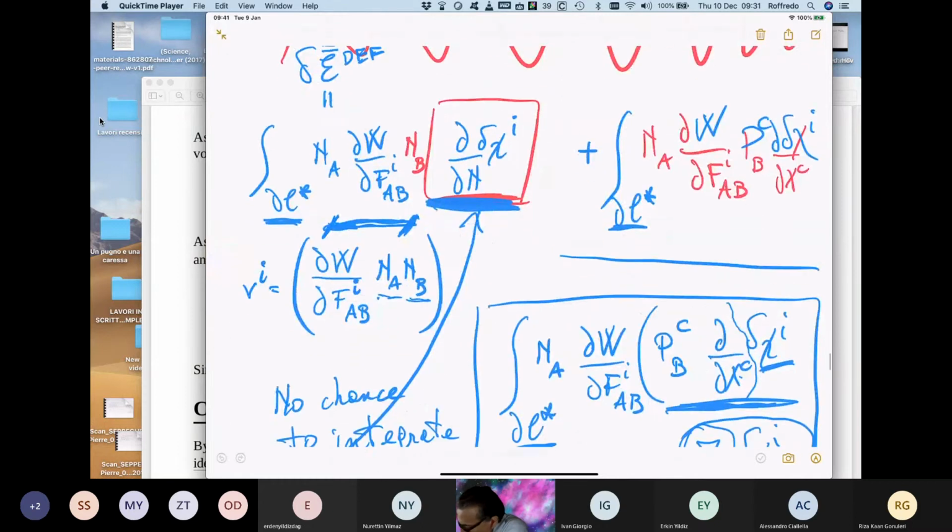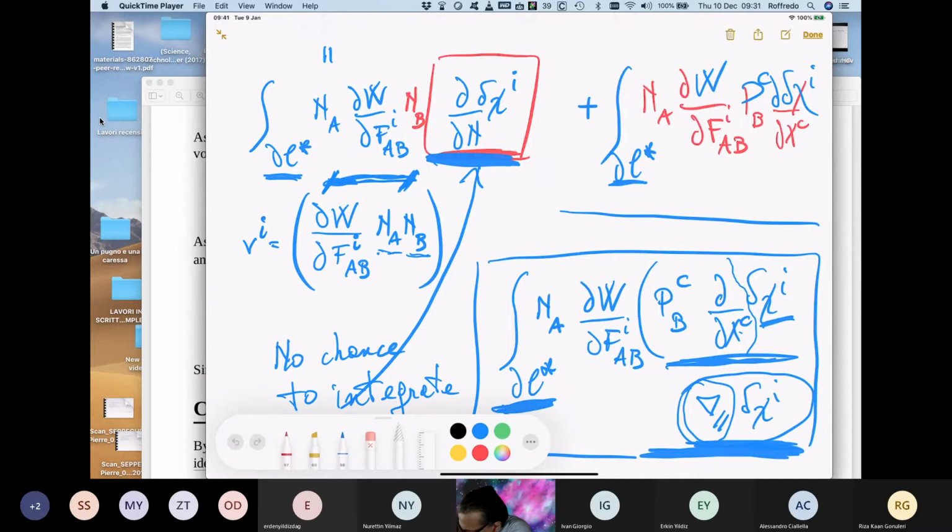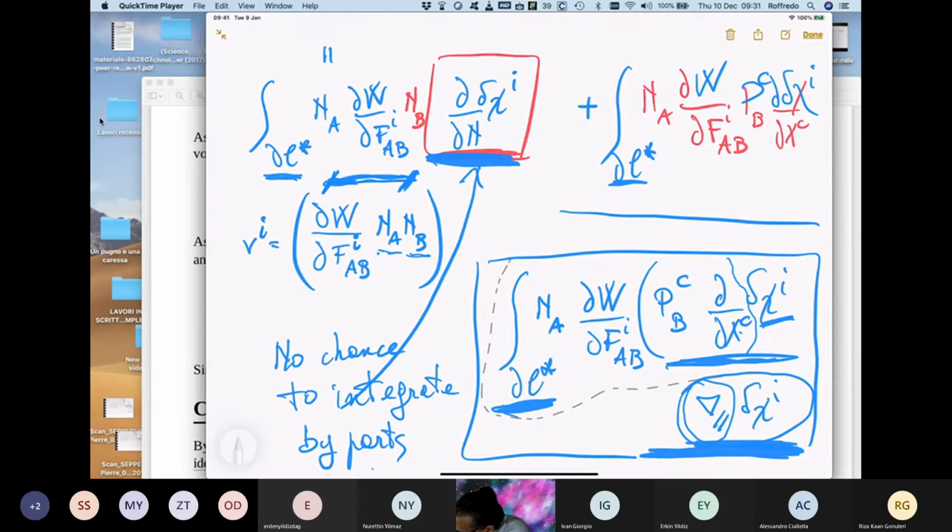Okay, this one. If you remember, we made some calculations, and we will repeat this with greater details another time. Let me try to cut this if I manage.